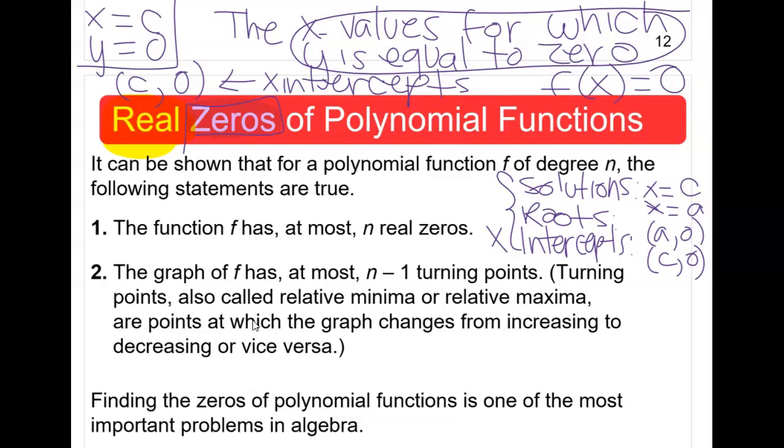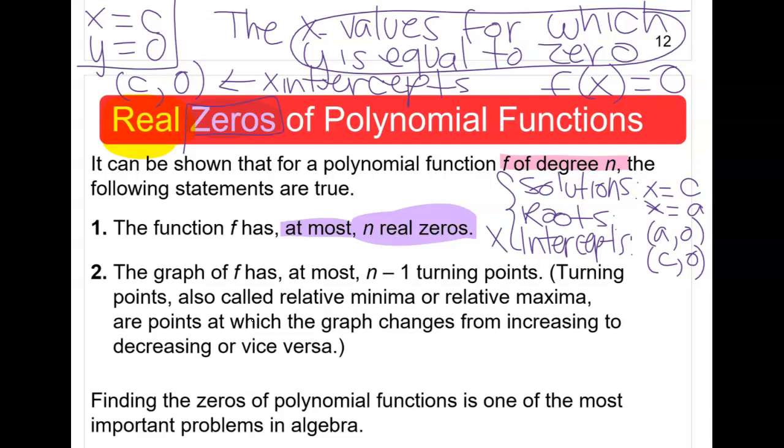Okay, so depending on the degree of your polynomial, that's how many zeros you will have. So if the degree of the polynomial function is n, then you're going to have at most n real zeros. Now, we use the word at most because we could have up to n, but we could have less.